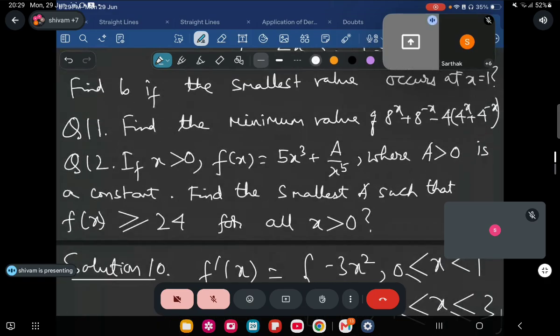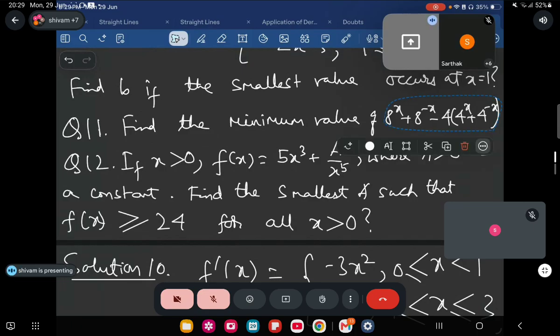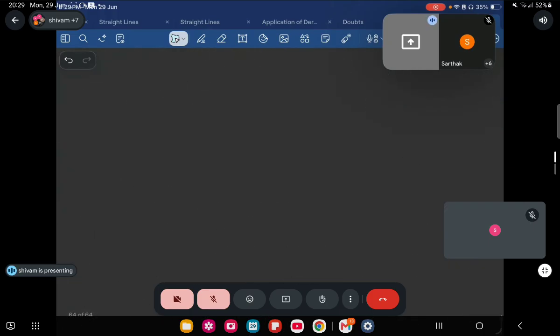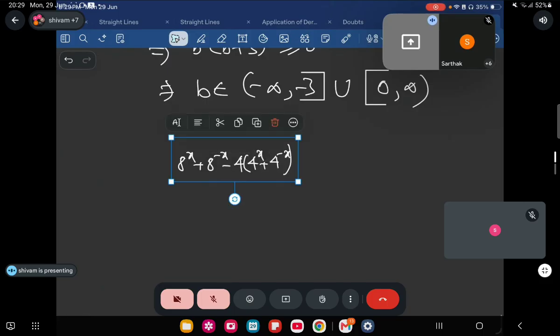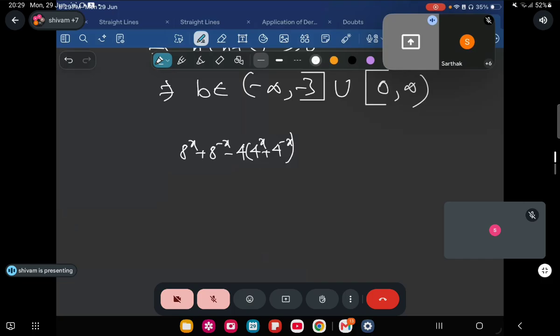Number 11, should I solve? Tell me, everyone. Let me solve 11. See, both are functions in 2 to the power x plus 2 to the power minus x, right? So what you do is you take a parameter. Let t be equal to 2 to the power x plus 2 to the power minus x.